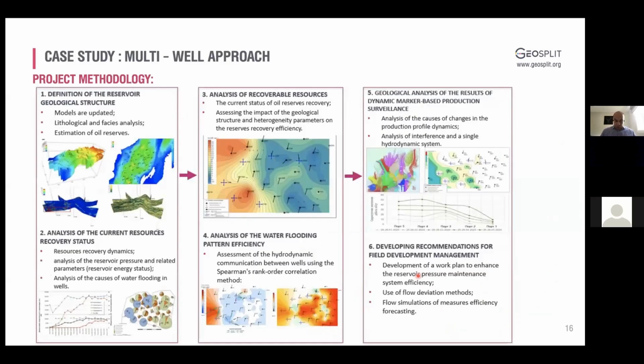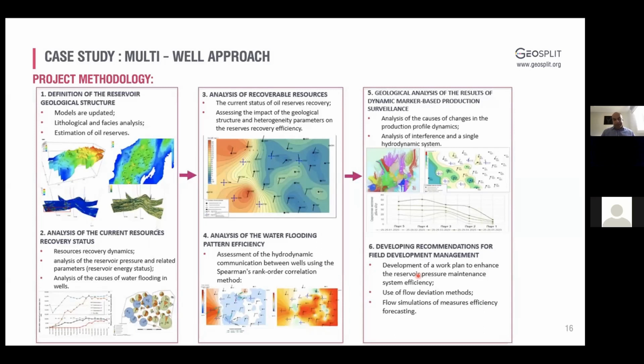So the client had a more systematic approach where they had a workflow where they were looking at the existing reservoir geological structure.